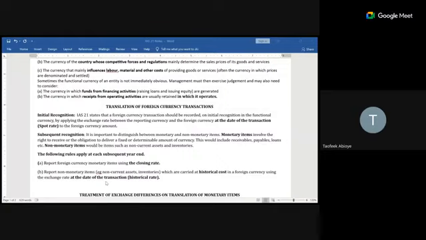When I buy that machine, I cannot pay in naira, because the person selling the machine has a functional currency that is not naira. So I have to pay in the foreign currency, and for me to pay, I need to translate.